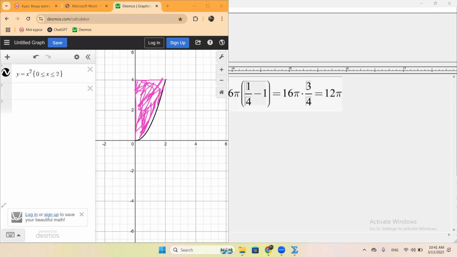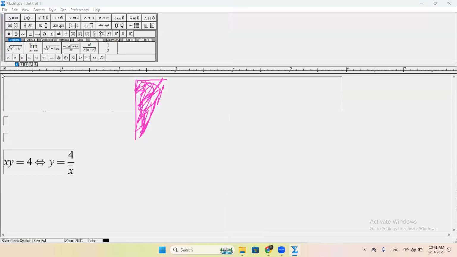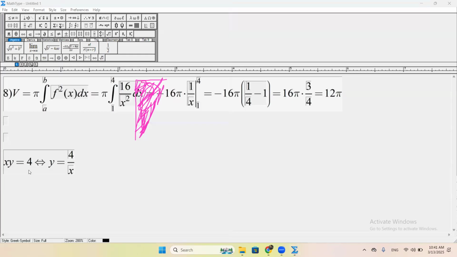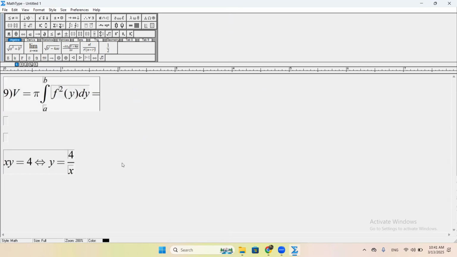In this case, we need to give explicitly the function x from y, because we rotate around the y-axis.